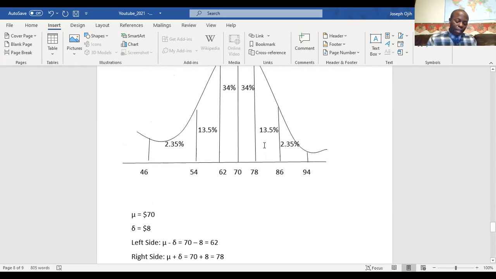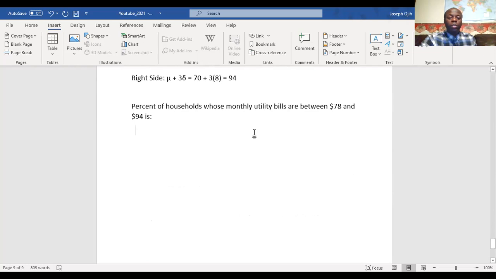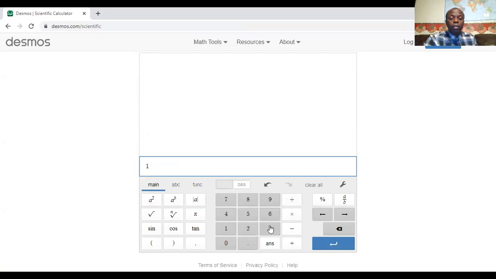So 13.5% plus 2.35% will give you the percent of households with utility bills between $78 and $94, which we can get from decimals. 13.5% plus 2.35% is 15.85%.